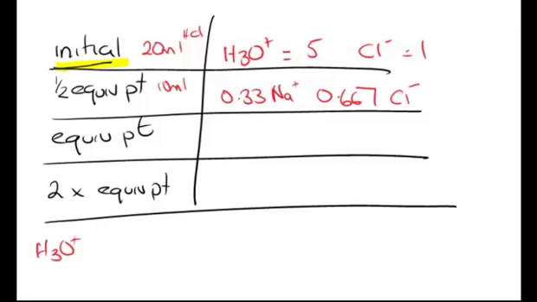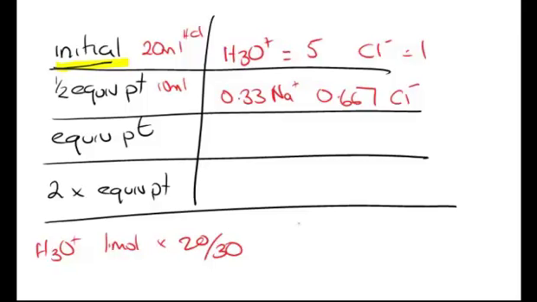Now the acid itself would be 1 mole per litre to start with, and in theory we would basically do the same calculation, 20 over 30, and it would be 2/3, but it's also been half neutralized, so there's only half that concentration.